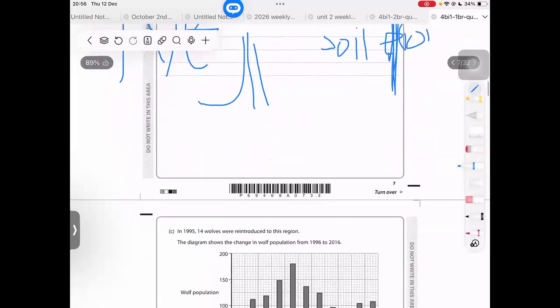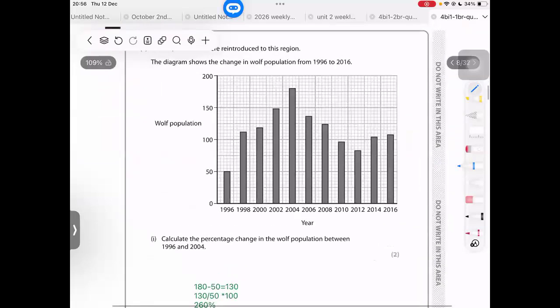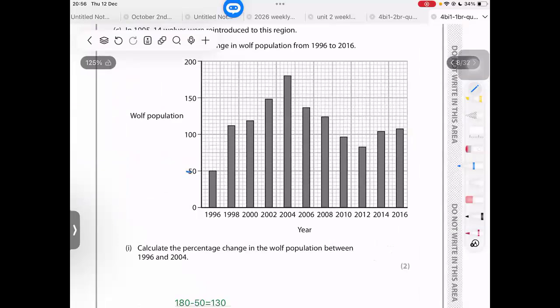Okay. Now let's move on to the C part. In 1995, 14 wolves were introduced into this region. The diagram shows the change in wolf population. Calculate the percentage change in the wolf population between 1996 and 2004. So in 1996, the wolf population is 50.